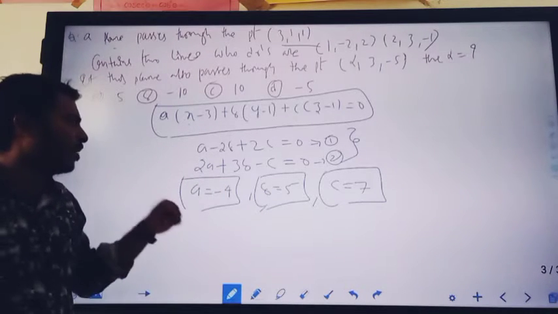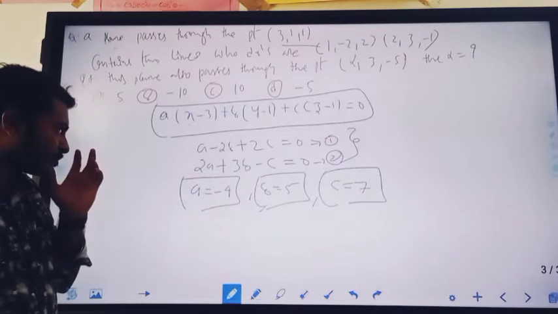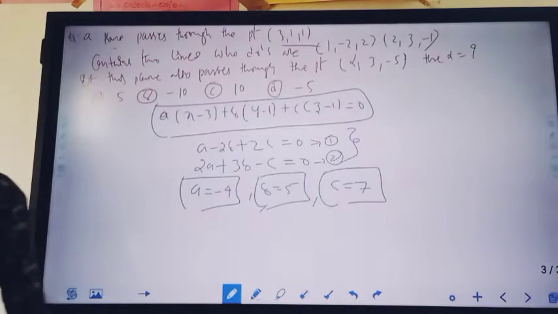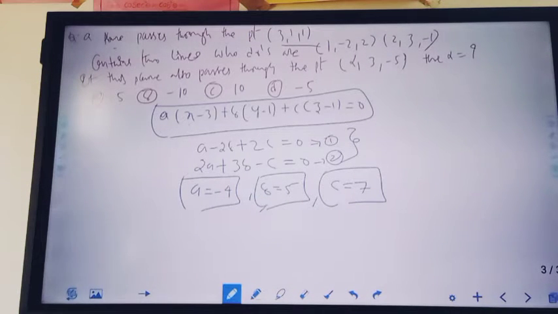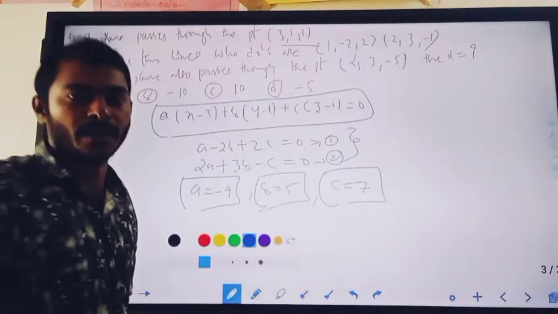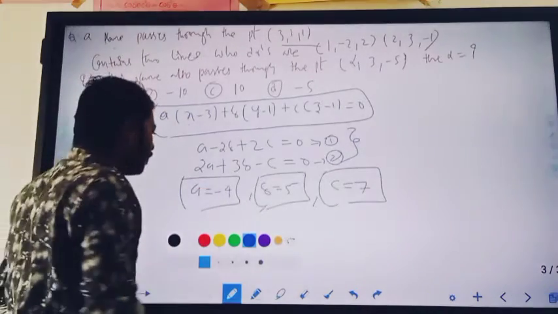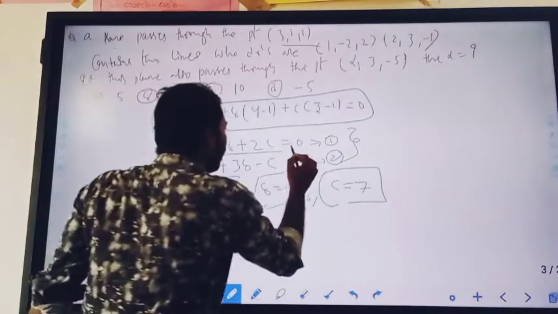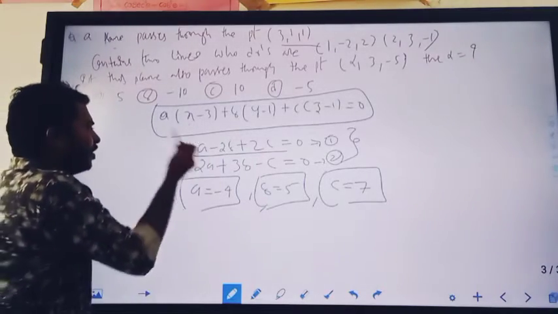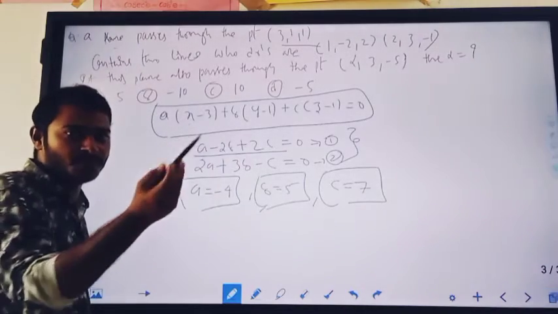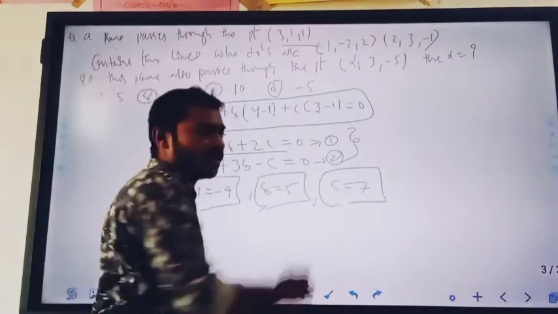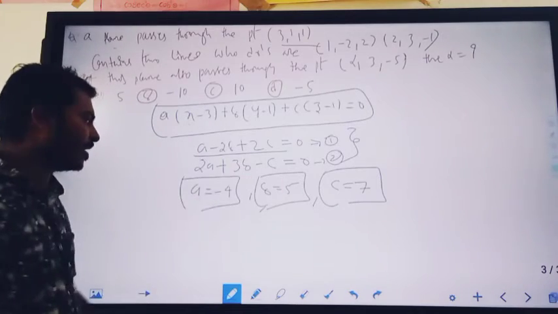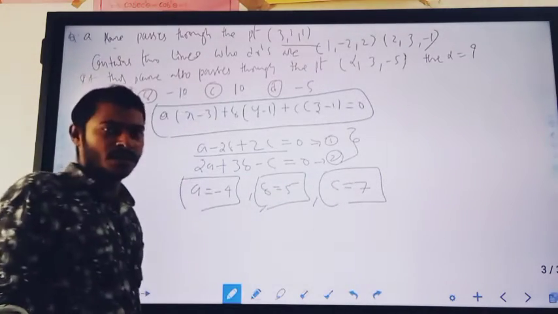When you substitute here, -4, 5 twos are 10. We check: -4 minus 10 is -14, and 2 into 7, 2 sevens are 14. So 14 minus 14 will be 0. So a equal to -4, b equal to 5 and c equal to 7.